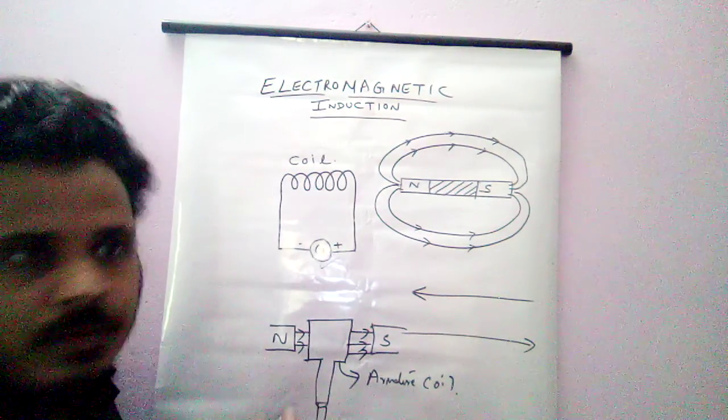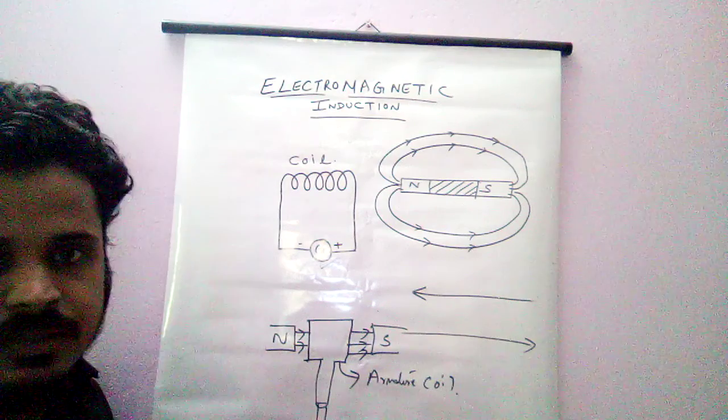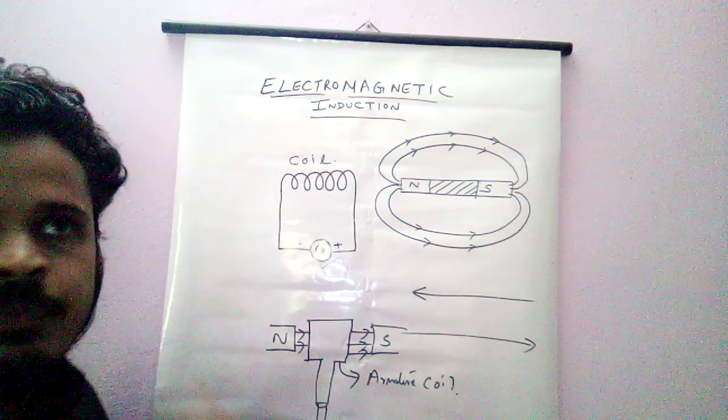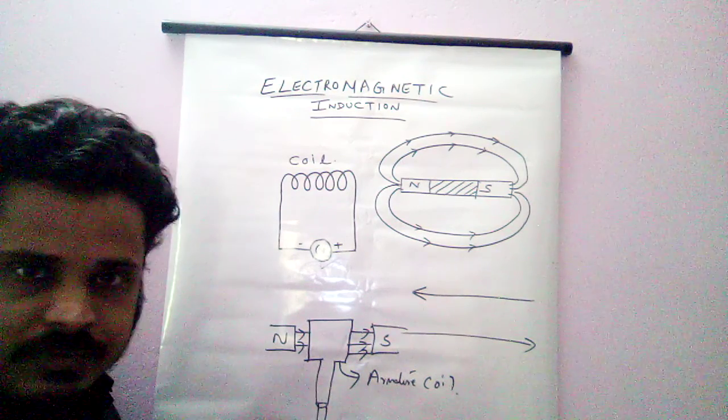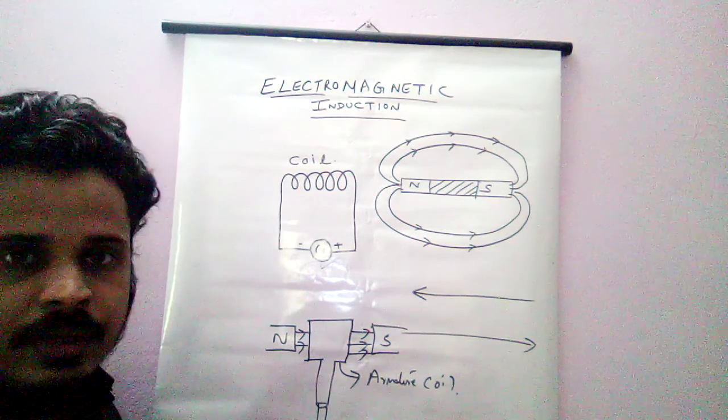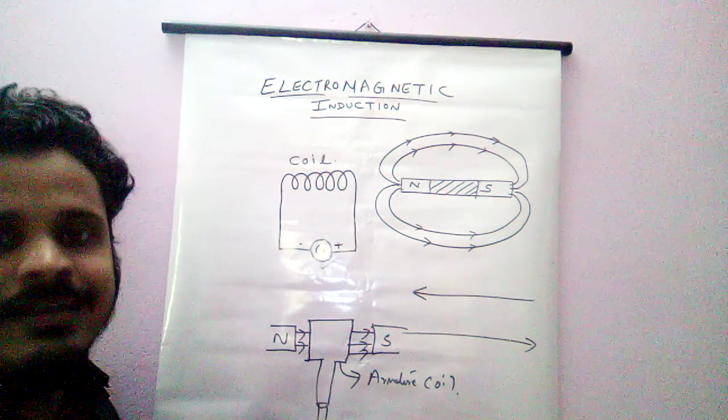As we have already learned in the earlier classes, in a generator mechanical motion is given, and with this mechanical motion the electricity is produced.